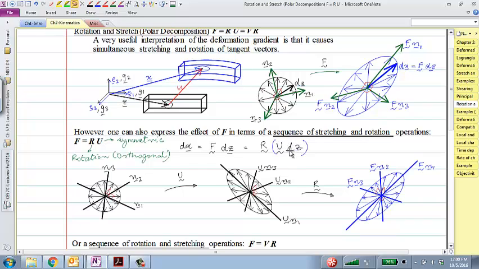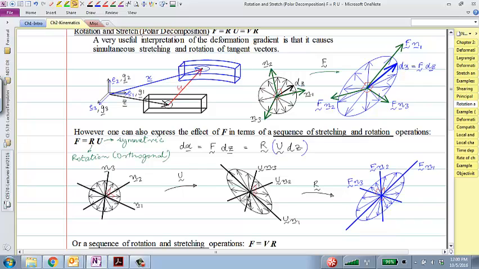U acts upon dz to do some stretching. Since it's a symmetric tensor, it has in general three eigenvalues and eigendirections. So let's say I pick out the eigendirections of U tensor, which is n1, n2, n3. In those particular directions, the effect of U tensor is only to do stretching. So it stretches n1 to Un1, n2 to Un2, and Un3 correspondingly. It does not do any rotation of those three vectors, but every other vector goes from here to this configuration.